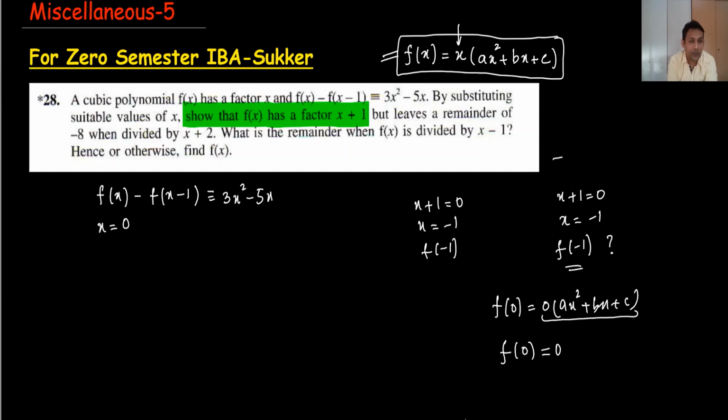When I put 0 here, this is 0 and this is 0. We have substituted x equal to 0, so at all the points, you have to write 0.